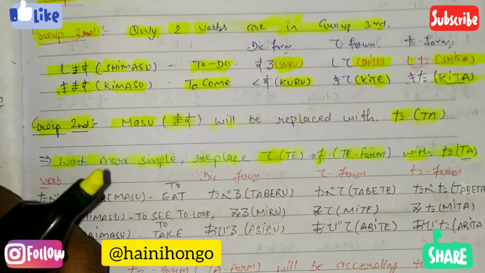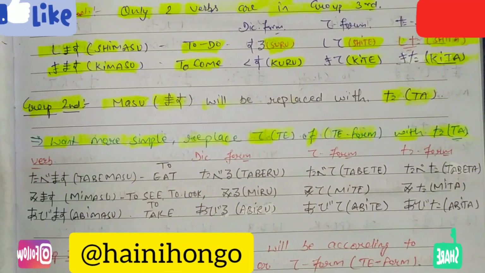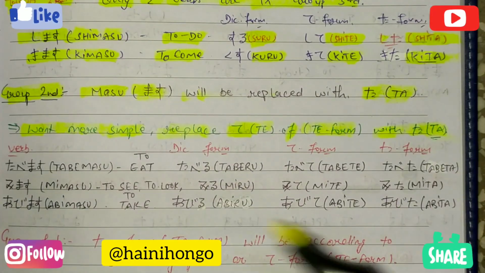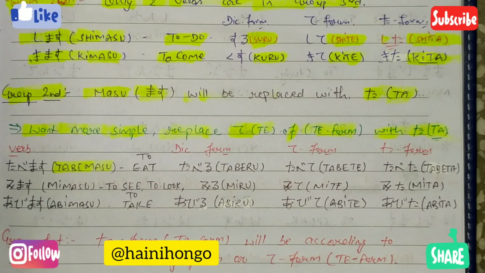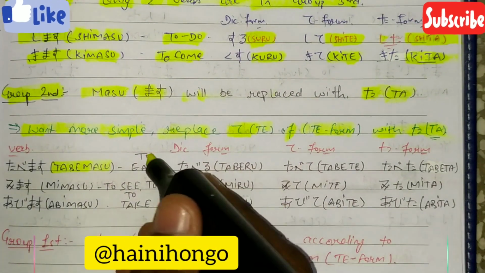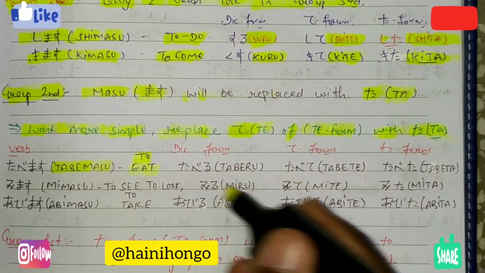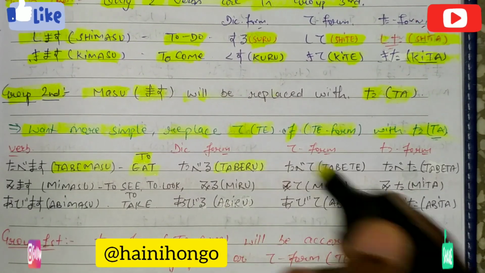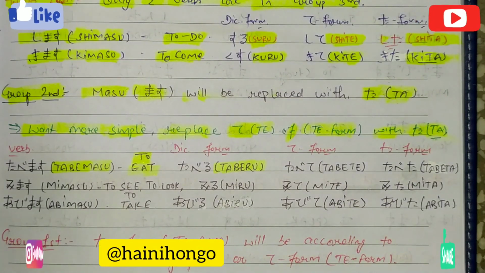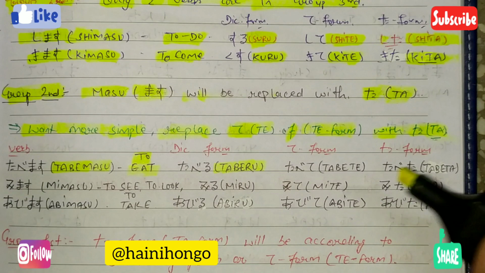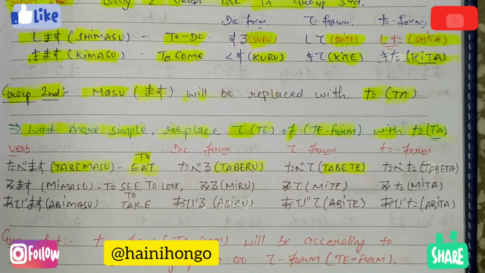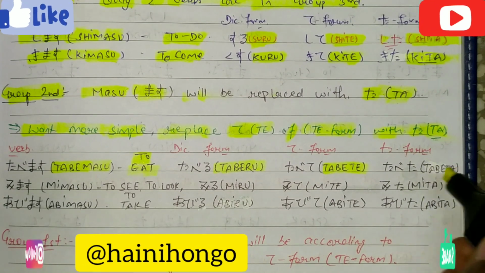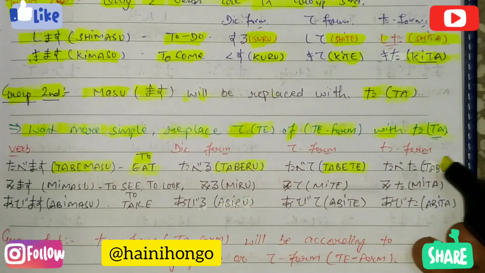Let's take a look at some examples. The first example is tabemasu, written in Romaji as well. I'll highlight the Romaji one. Tabemasu means to eat. The dictionary form of tabemasu would be taberu. I'll drop the link in the description for how to make the dictionary form. The te form of tabemasu would be tabete and the ta form of tabemasu would be tabeta.